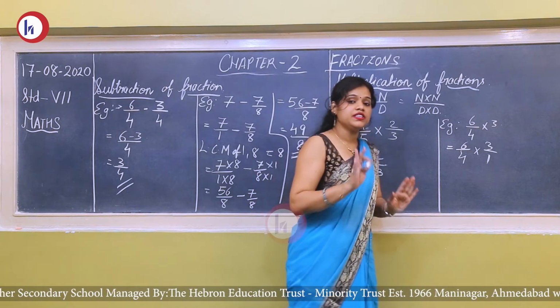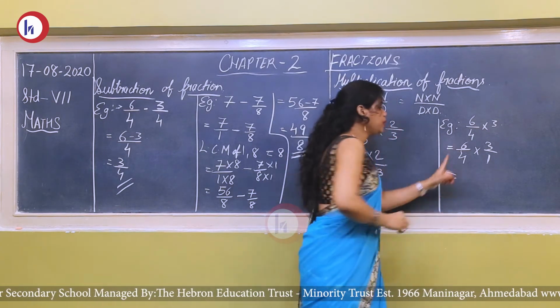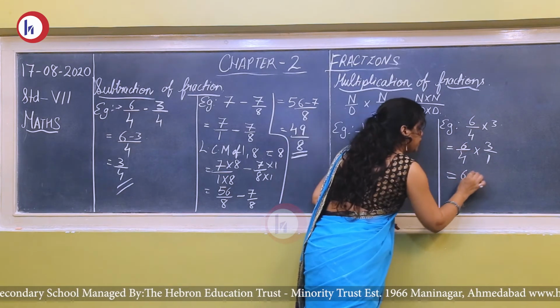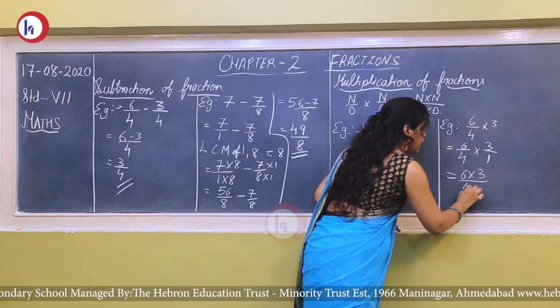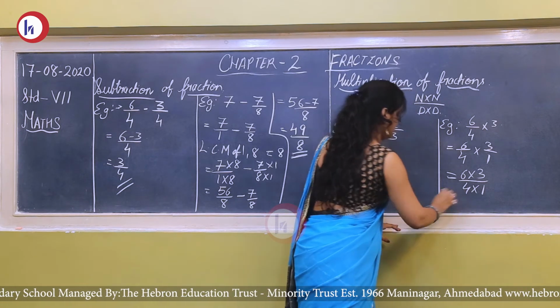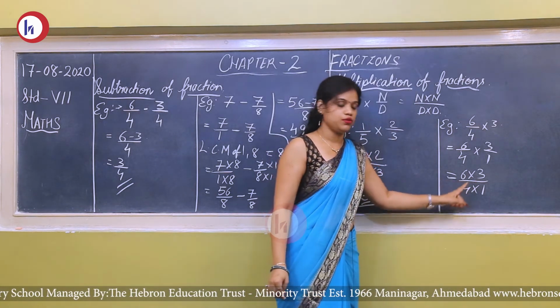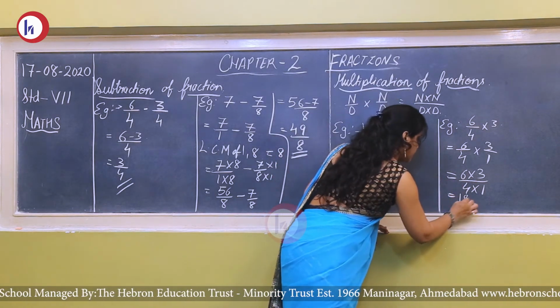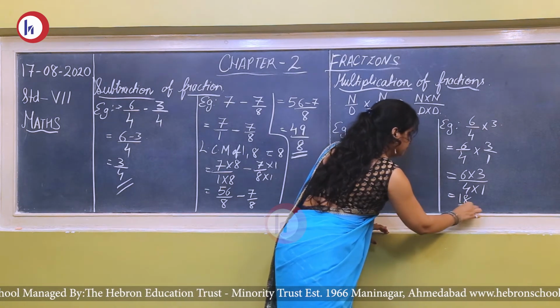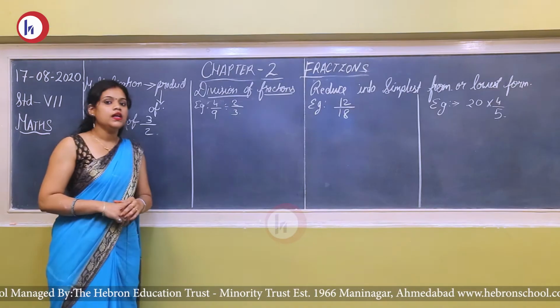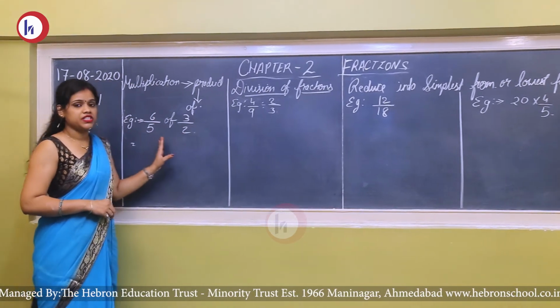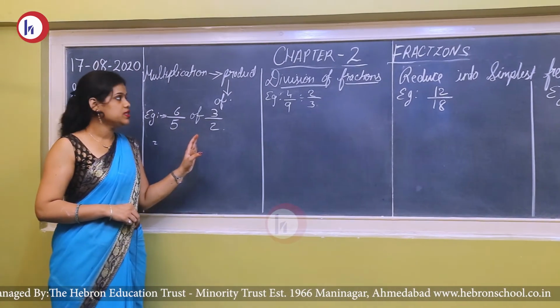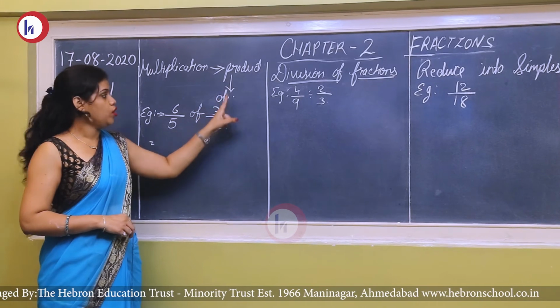That is only for addition and subtraction. Here we will directly multiply numerator with numerator, that is 6 into 3 and 4 into 1. So your final answer will be 18/4.